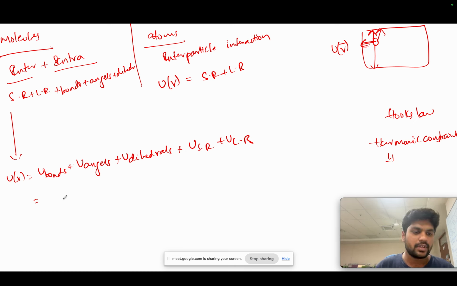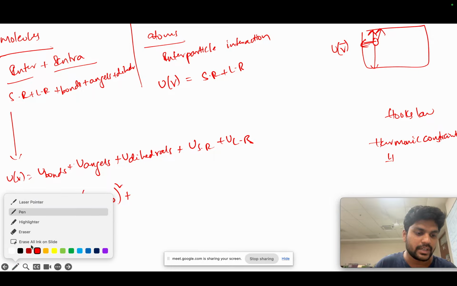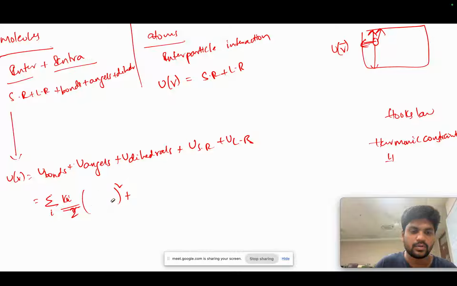So as Sir said with the Hooke's law, this will be the sum of k by 2, Ri minus Ri initial naught whole square plus... sorry, not Ri, again you will get confused. We will go through the same nomenclature as R used.